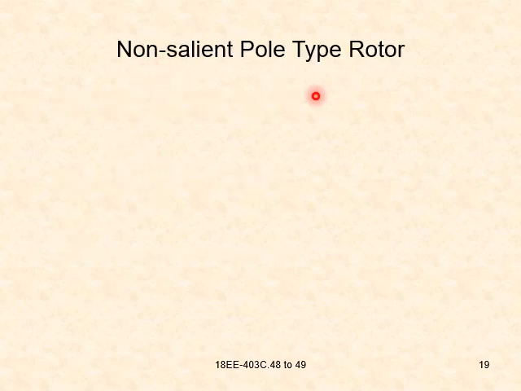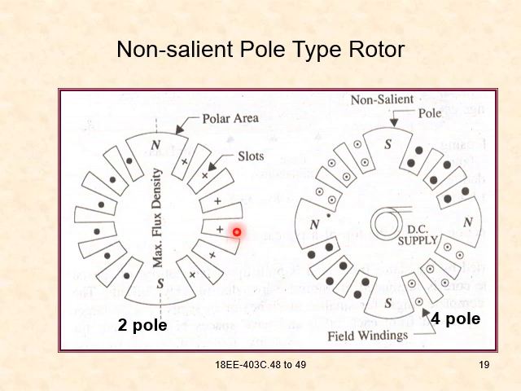Now, the non-salient pole type of rotor. You can see the diagrams over here. Non-salient is also called a smooth cylindrical type of rotor. So this is a smooth cylindrical type of rotor with multiple slots.